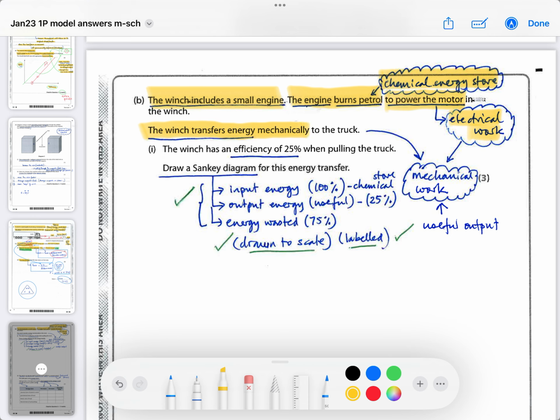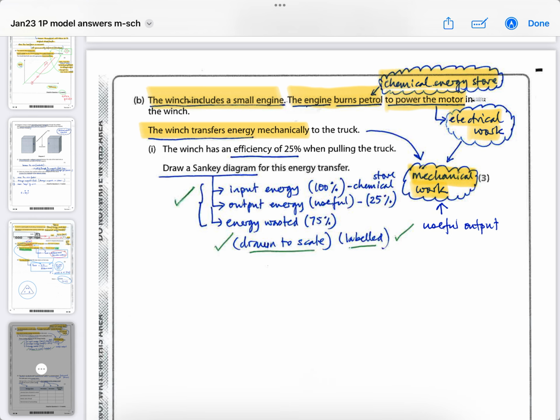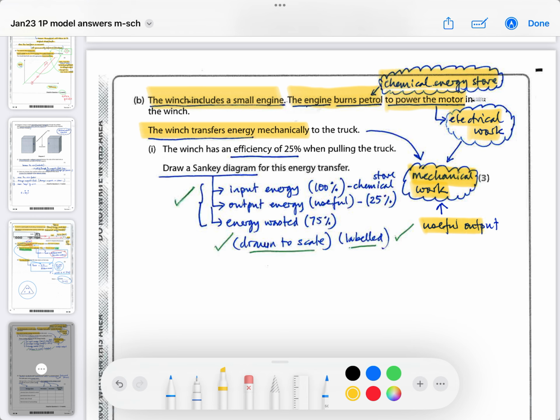Okay? The winch transfers energy mechanically to the truck. Remember, whenever physical work is done, we call it a mechanical energy transfer. So mechanical energy transfer is the useful output because we wanted to pull the truck forward. So that's our useful output. And they say the winch is only efficient to the degree of 25% pulling the truck.